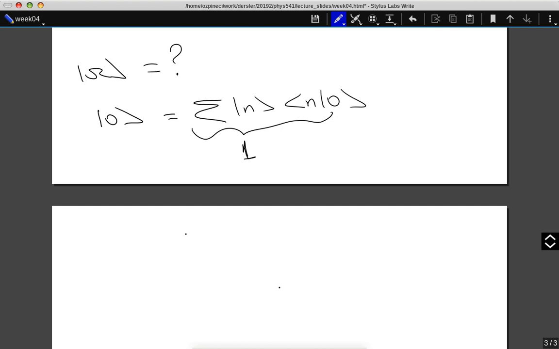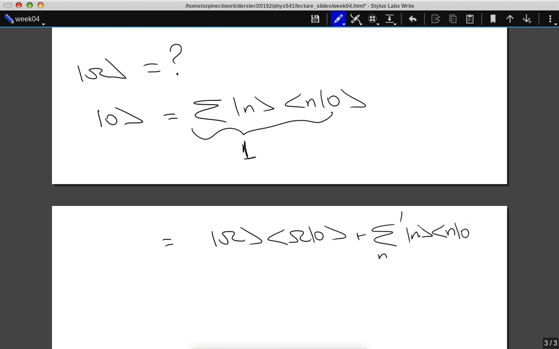Let me just separate out omega that I'm interested in. This prime just means that I'm ignoring the ground state in that sum. The ground state is already taken into account in the first term.